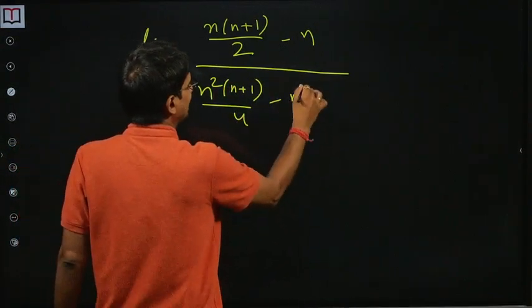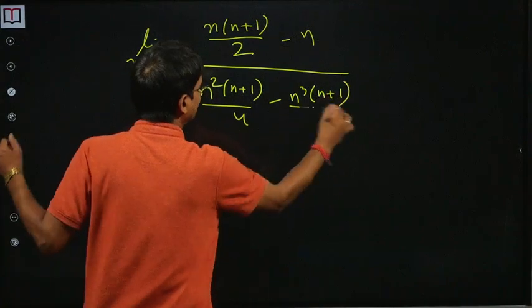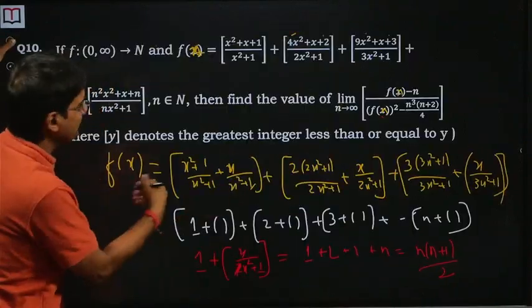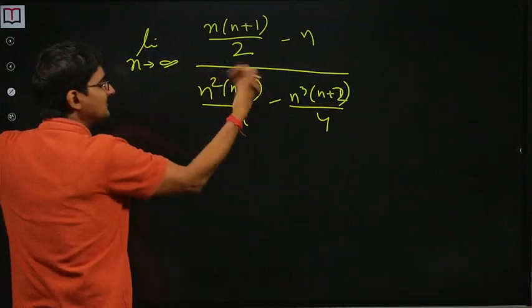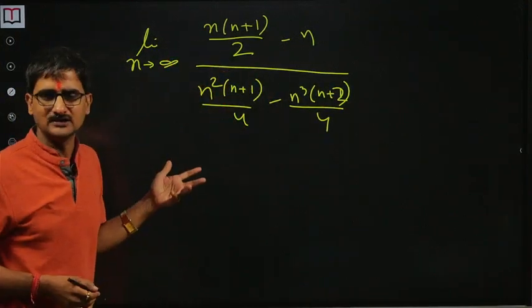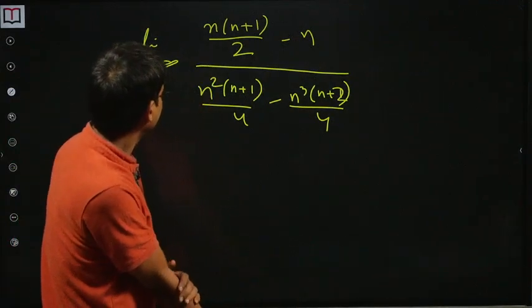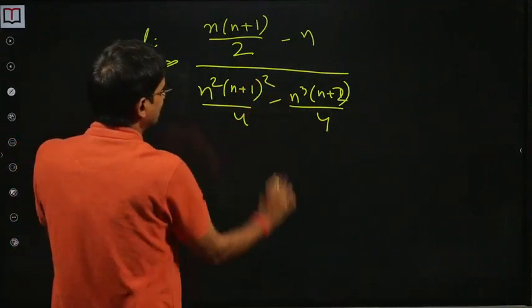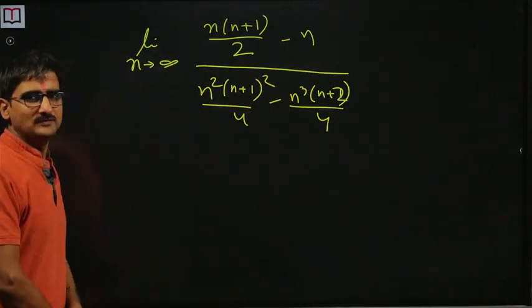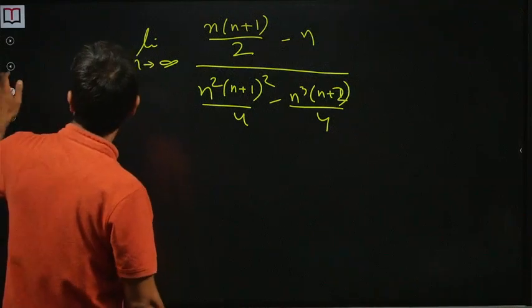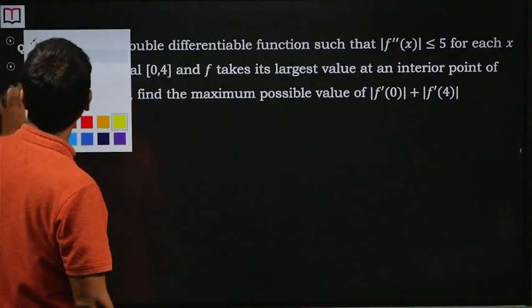By 4 minus n cube into n plus 1, I think by 4, that's what we have. By 4 is common, this is n plus 2. Now you solve it. You will get a quadratic in both numerator and denominator, because something will happen, I believe. This is a square. Then only we will get the answer. I think this answer is 2. Now you can solve it, bachcho. Just simplify it and do it.